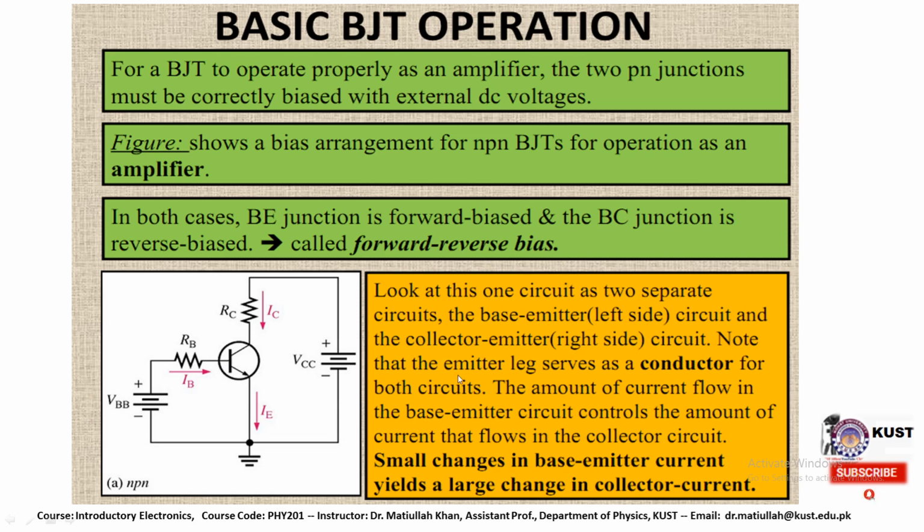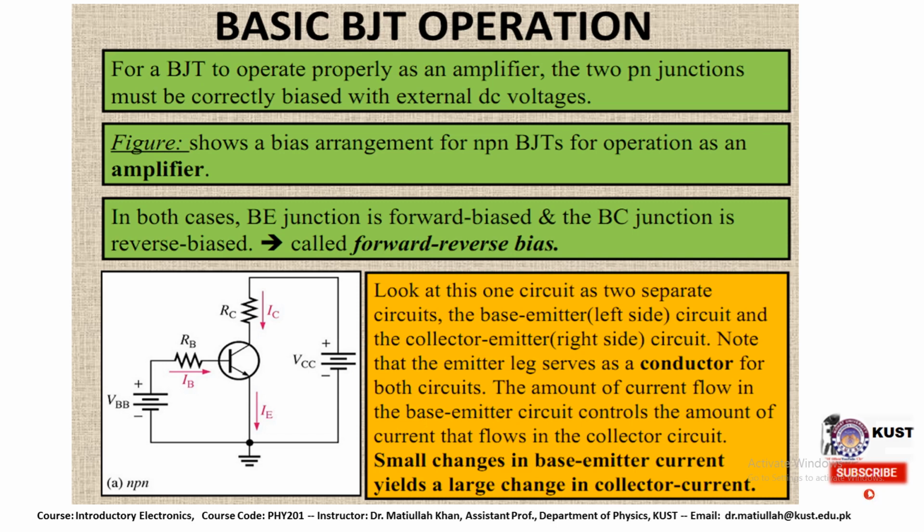If we divide this circuit into two separate circuits, the base-emitter region comes on the left side of this slide, and similarly the collector-emitter junction comes on the right side of this circuit.